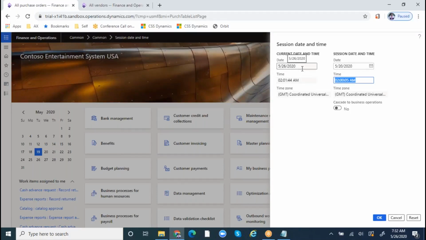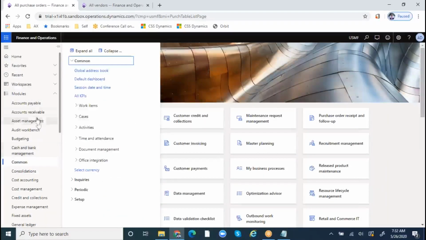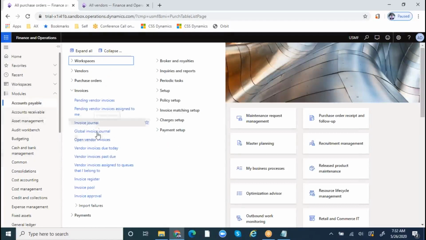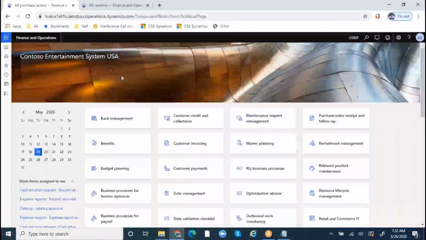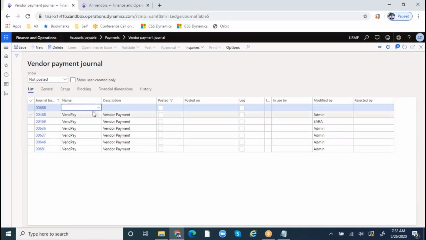Suppose some other user is doing some other transactions. For him, it will show 26th May only. For you, for this form, whatever you are touching, any form, suppose payment journal, this is also, it will show the session date as 20th May.